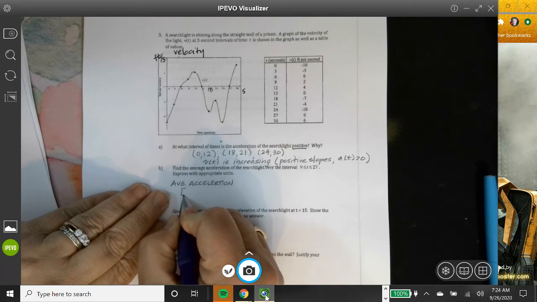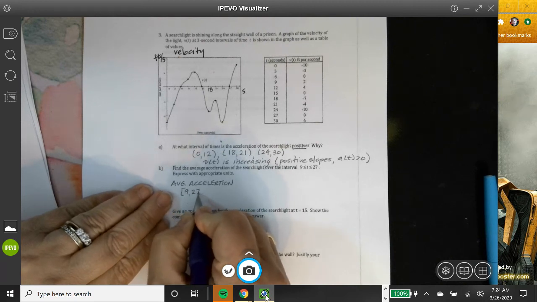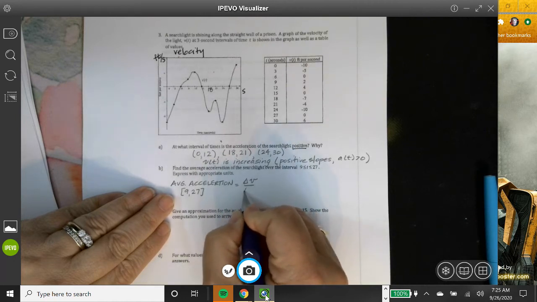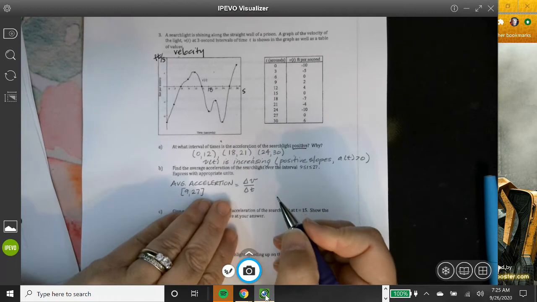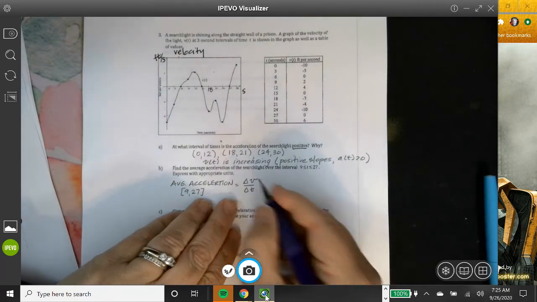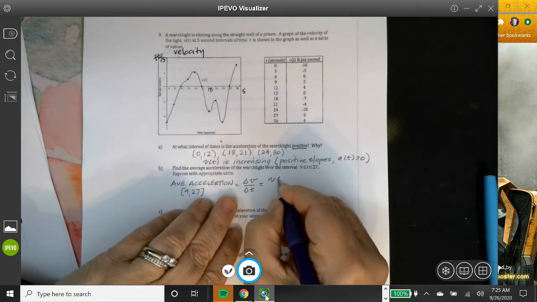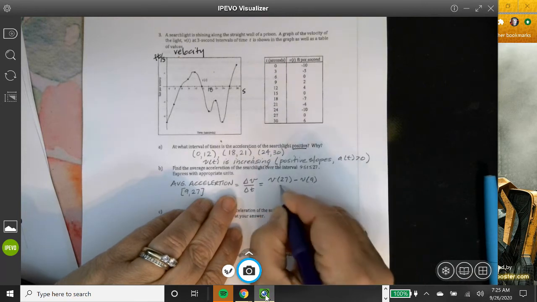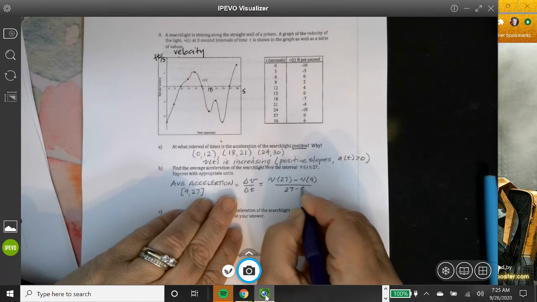Over my interval of 9 to 27, it is going to be the change in velocity over the change in time. Remember, we don't touch the velocity function or acceleration function, we touch the velocity. So we want v of 27 minus v of 9 all over 27 minus 9.